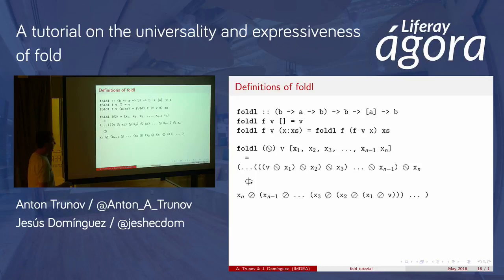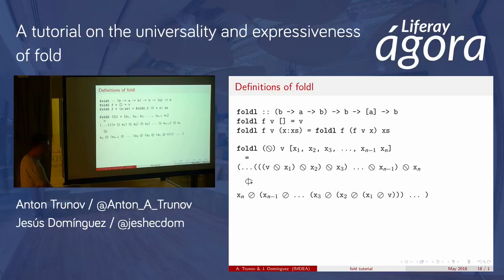So if you rotate this equation along this vertical axis, as the symbol suggests, you will get this kind of expression which resembles what we get when we use foldr.